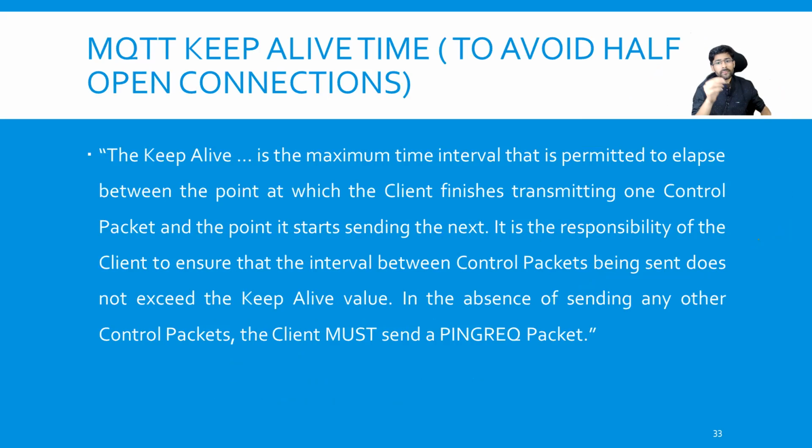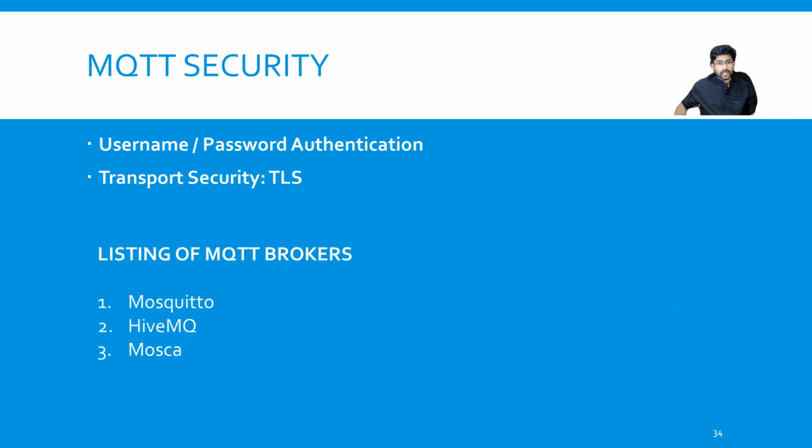Keep alive is the maximum time interval that is permitted to elapse between the point at which the client finishes transmitting one control packet and the point it starts sending the next. It means at 1 second it sends some data, and the next data goes at 61 seconds, so 60 seconds is the keep alive interval. In that case, if it is not sending data, it is okay. If actual data does not come, the client sends a ping request packet and the broker sends a ping response to communicate that yes, the connection is still maintained, right?